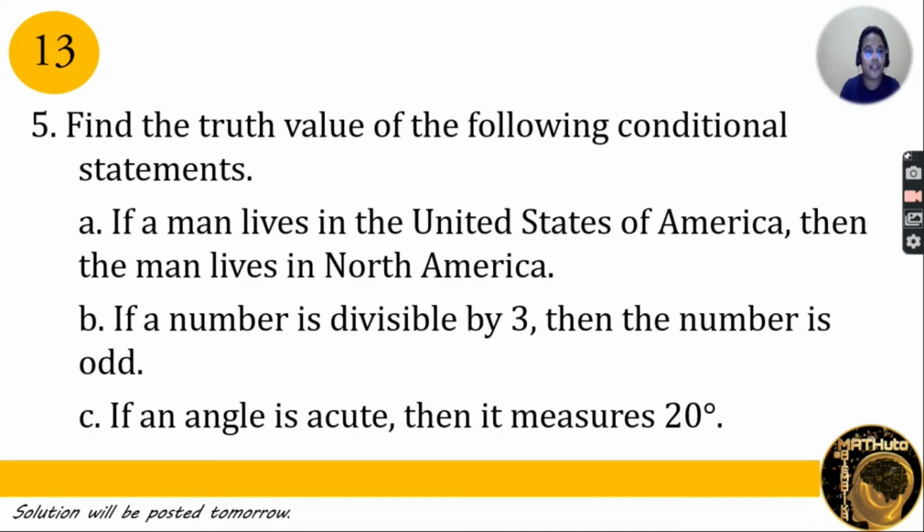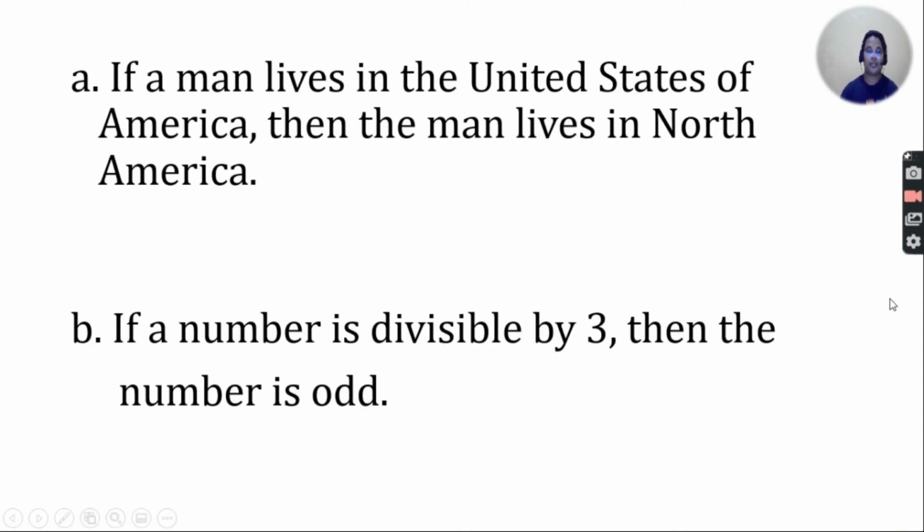Okay? We're going to find the truth value of the following conditional statements po. So, alamin natin kung true or false yung ating conditional statements. So, letter A, if a man lives in the United States of America, then the man lives in North America. Is it true or false? Any guess?